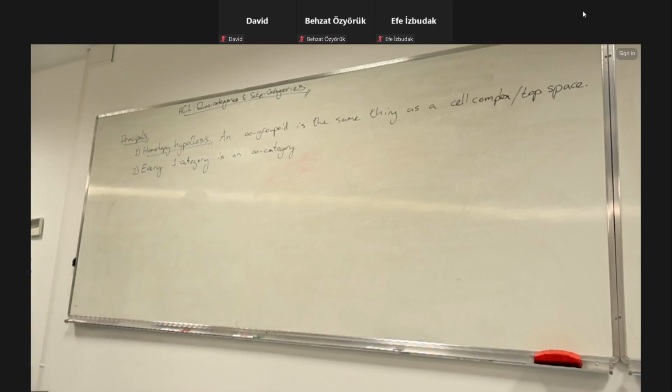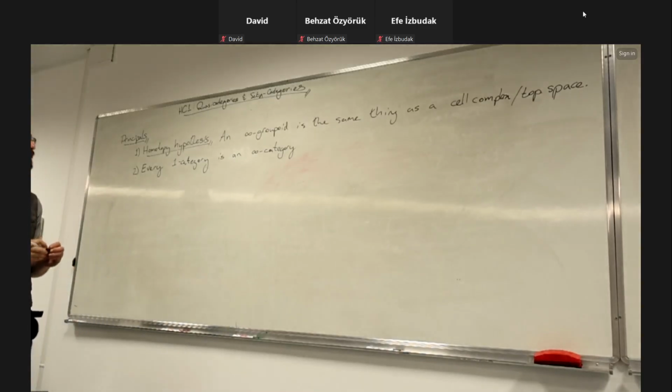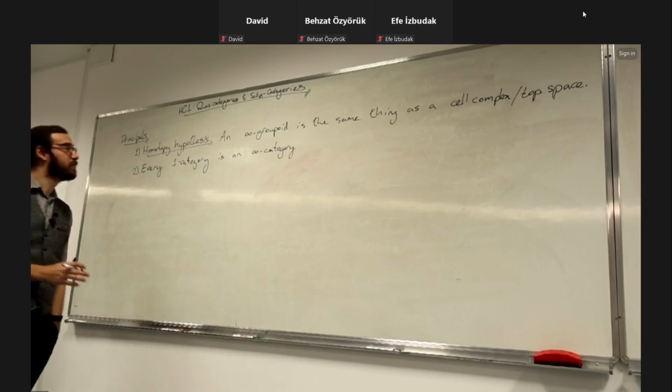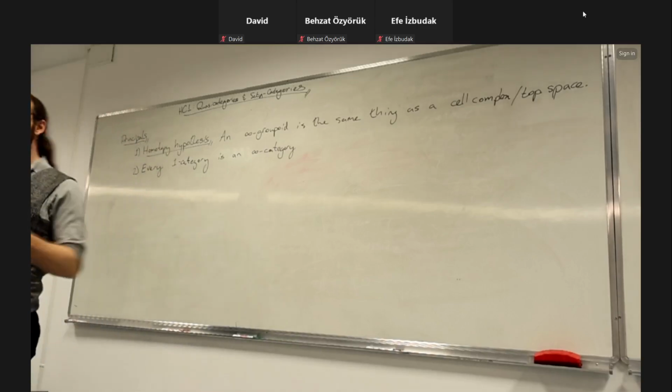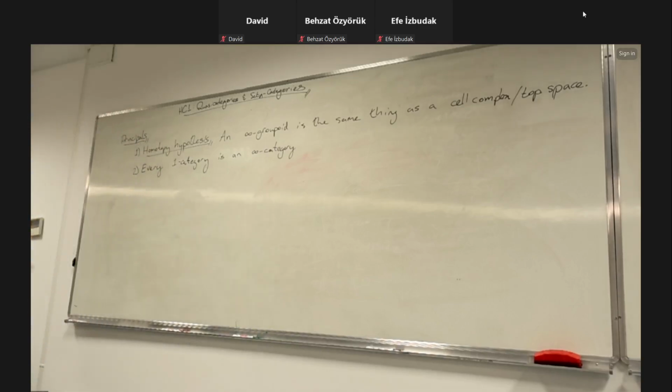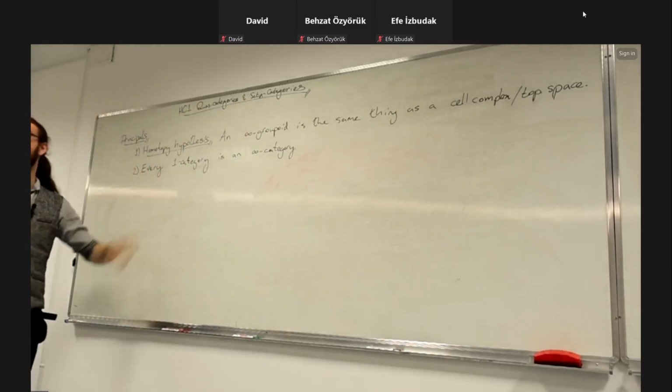And once again, this is a fairly reasonable thing for us to require. We would like our higher category theory to, in particular, subsume our 1-category theory. And as it turns out, simplicial sets a priori do subsume both topological spaces or cell complexes and categories.